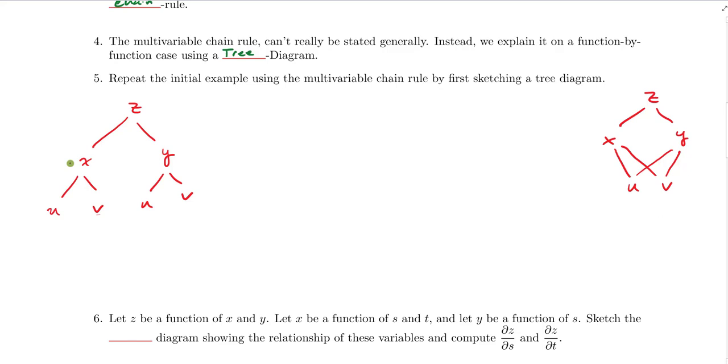Okay. So what we're going to do when we go to give the multivariable chain rule, partial z, partial v, as we were asked to do, we're going to look at this tree and we're going to trace all of the routes that get us from z down to that independent variable v. So there's one route that can get me there. Another route that can get me there is this way right here.